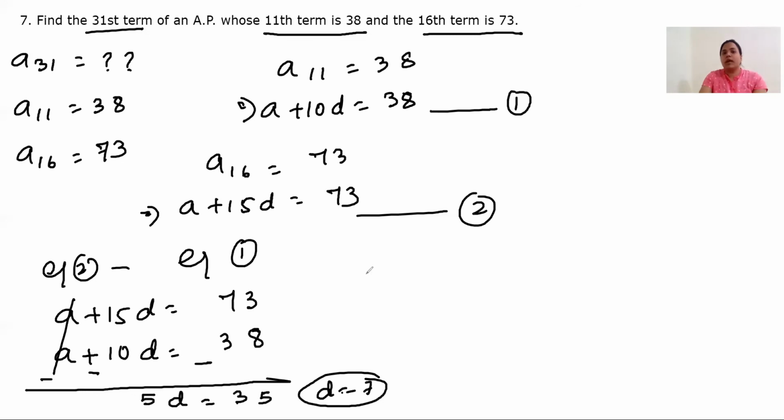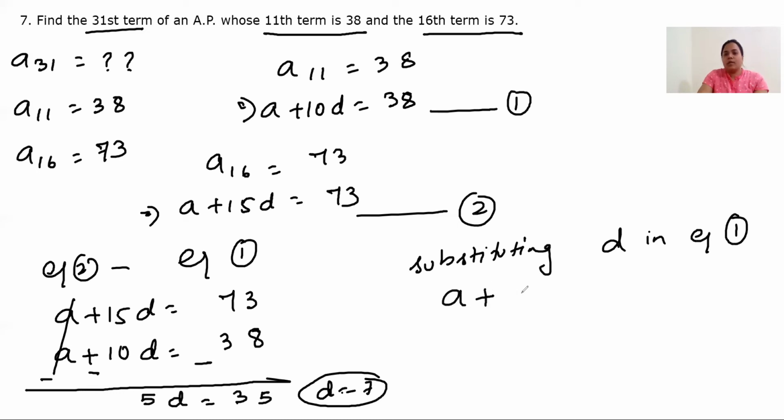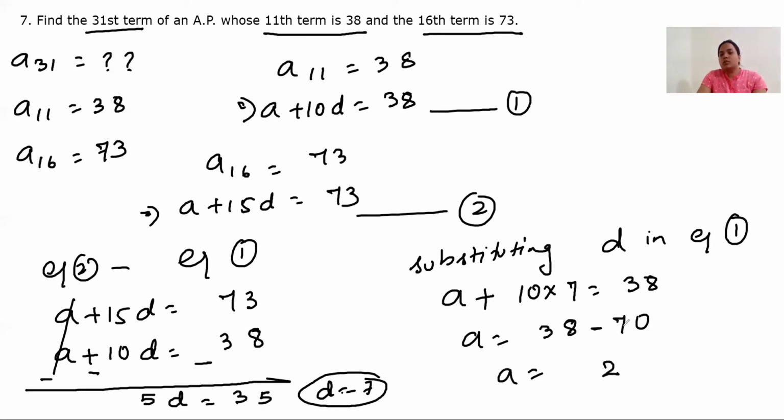Now we will substitute the value of d in any of the equations. So substituting d in equation 1, a plus 10 into 7 is 38. a is 38 minus 70. So a is equal to minus 32. a we have in negative.